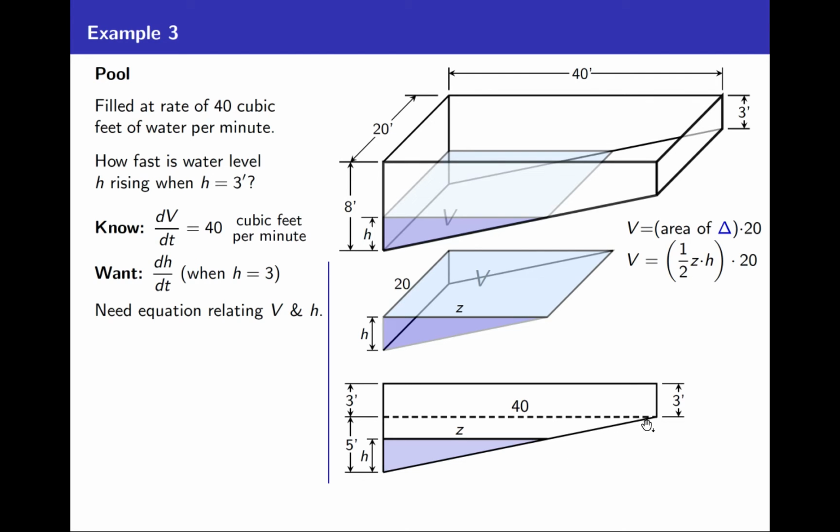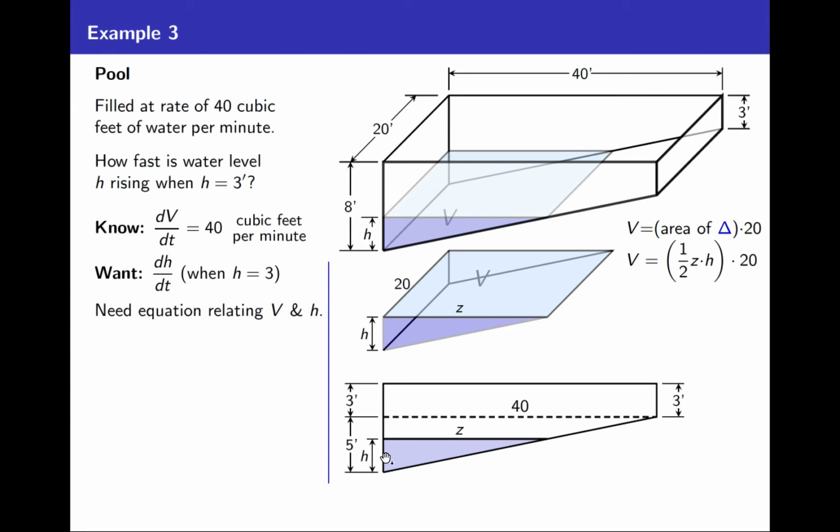I'm going to draw a dashed line from the shallow end of this pool all the way across. So the distance between the deep end of the pool and this dashed line would then be 5 feet, because remember, the total depth of the pool on the deep end was 8 feet. So subtracting 3 feet from 8 feet gives you 5 feet here.